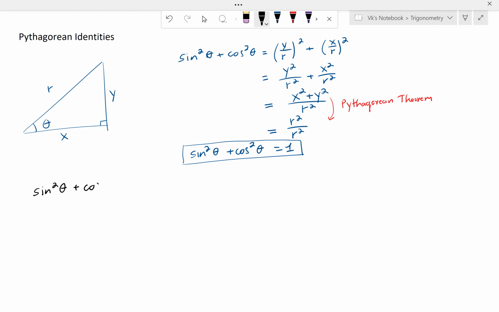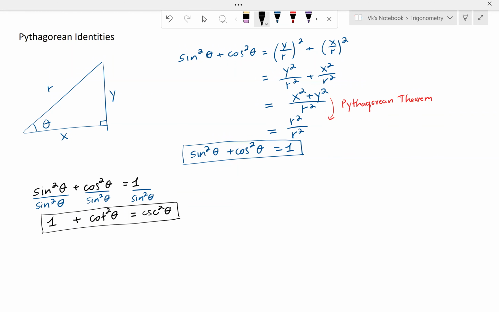Sine squared plus cosine squared equals 1. Divide by sine squared. From here, we have 1 plus cotangent squared equals cosecant squared. Do the same trick.